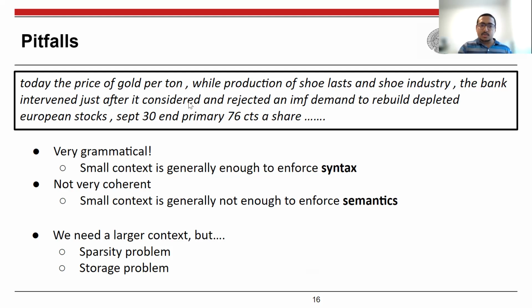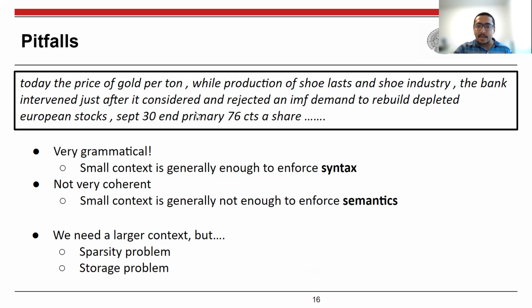So if you use a 2-gram approach, among the n-grams, you can generate text. Surely it will be grammatical, there will be some syntax rules that will be followed, like let's say predicates will be followed by arguments, these kind of things.